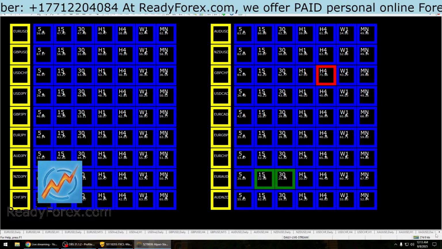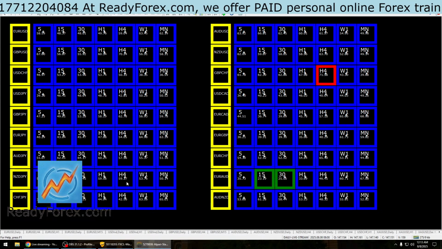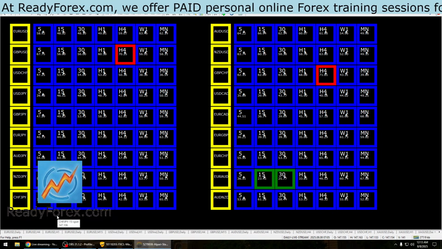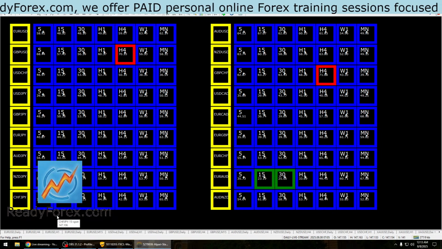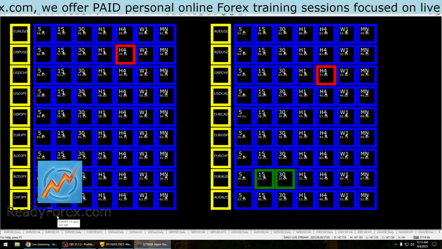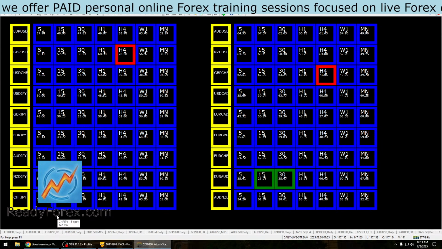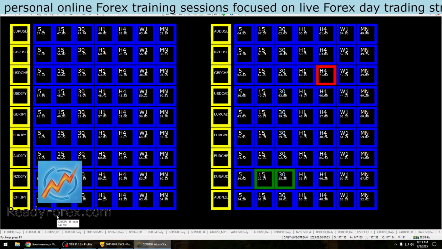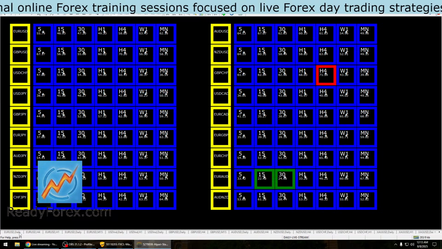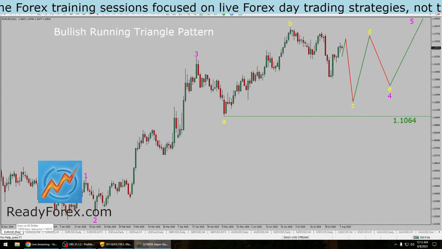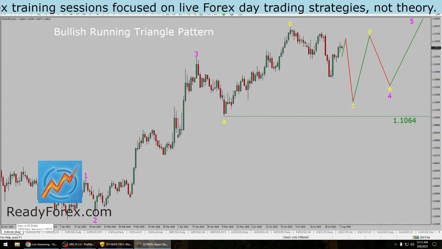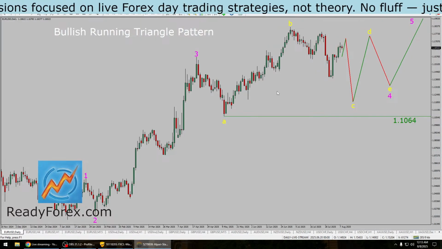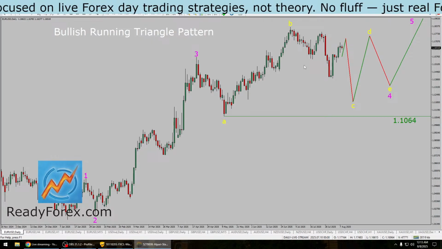Okay, let's start with the euro dollar currency pair, and I'm going to first look at the daily time frame. So go to the daily chart over here. Okay, Euro USD daily time frame.